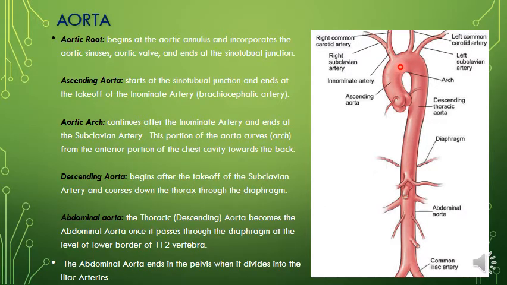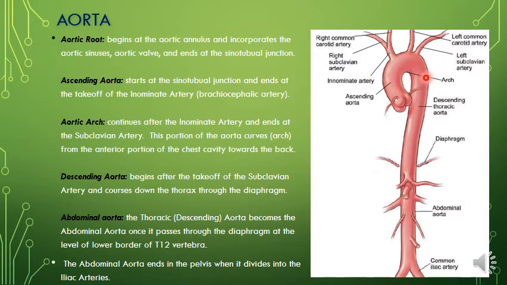Then the arch of the aorta continues after the innominate artery and ends at the subclavian artery. This portion of the aorta curves from the anterior portion of the chest cavity towards the back, right? So this is called the aortic arch.